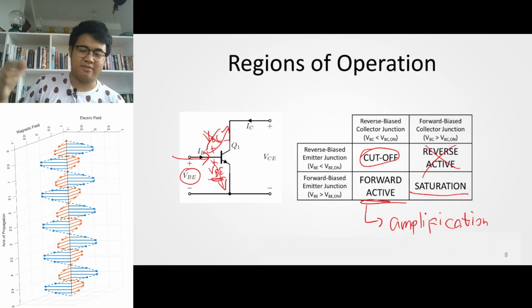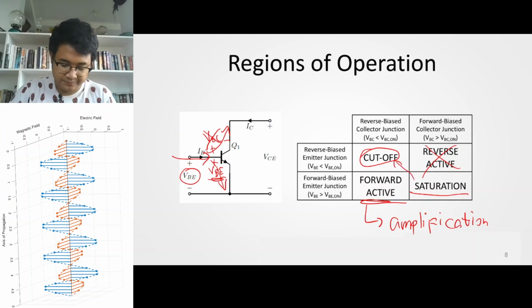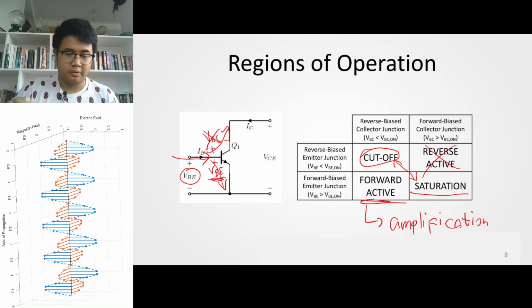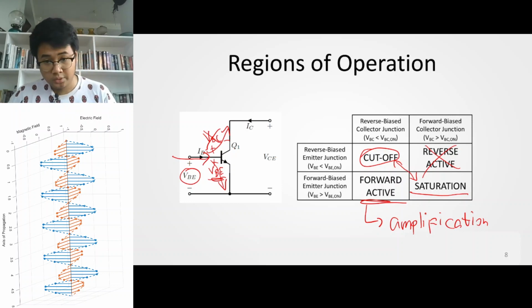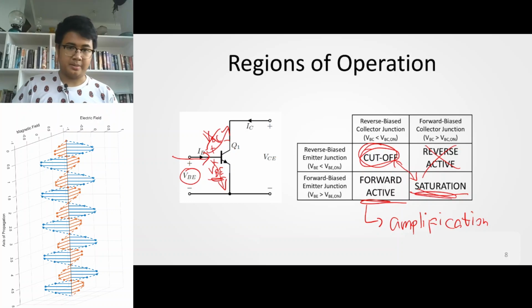It's not efficient. Forward active is used more for amplification. These two states, cutoff and saturation, are used for switching, basically. If you want current to not flow, you cut it off. If you want current to flow, you saturate your BJT.